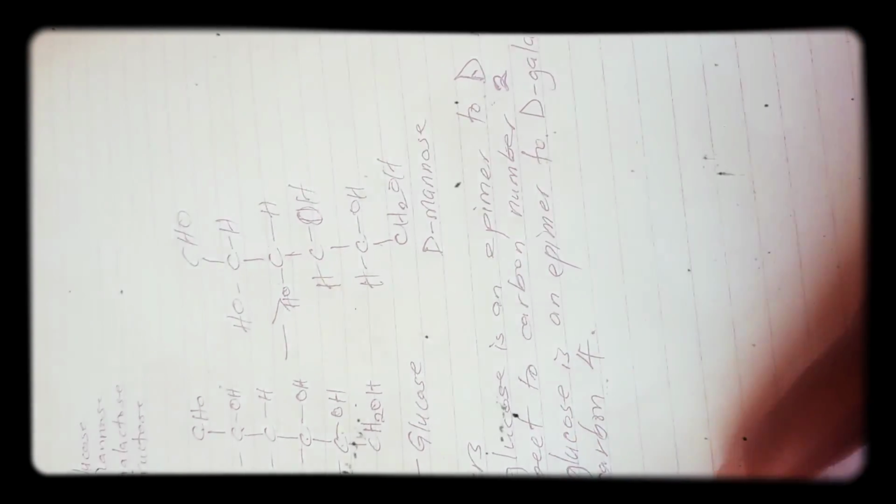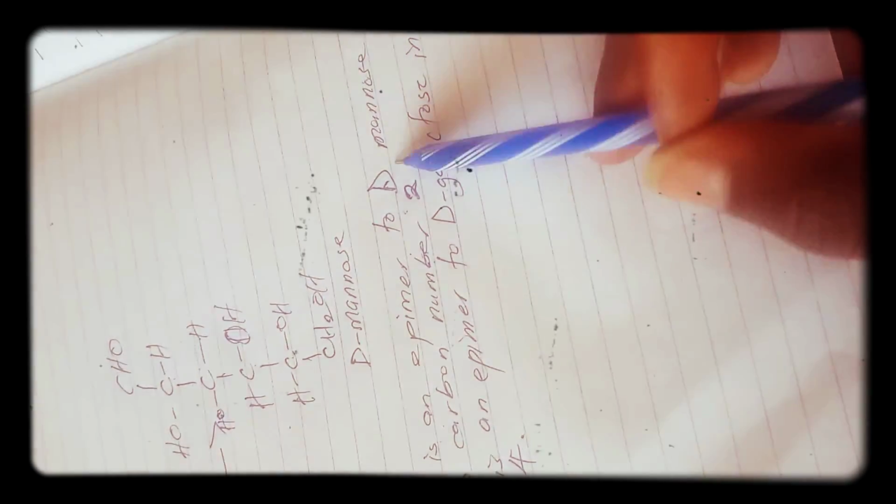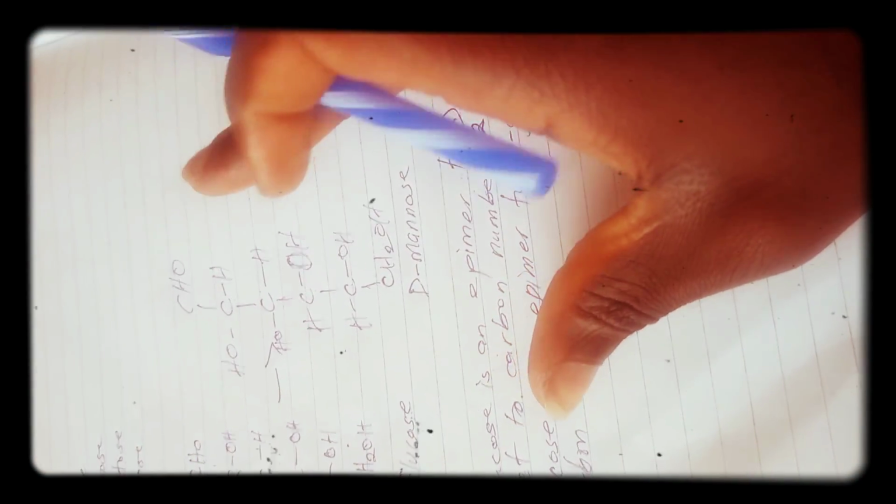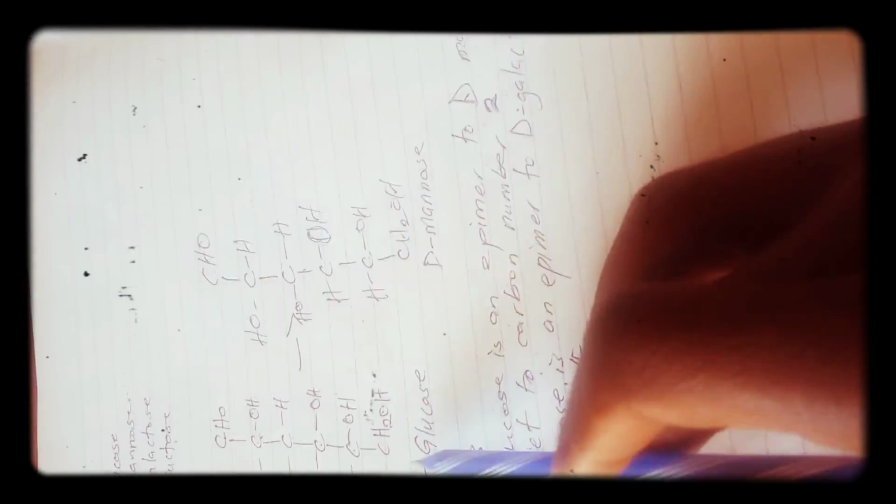That is where this hint is helping you. D-glucose is an epimer to D-mannose in respect to carbon number 2. So they are the same, except on carbon number 2 is where the orientation of OH and H differs. So from the same glucose, we have another hint.